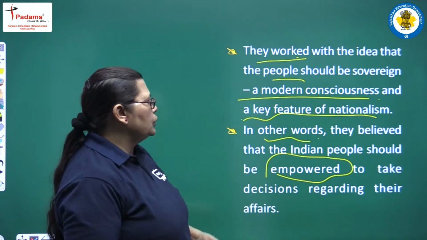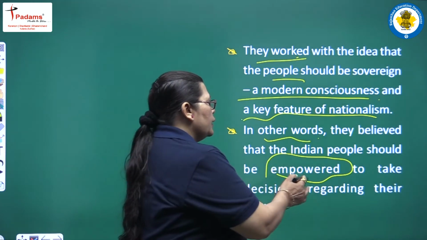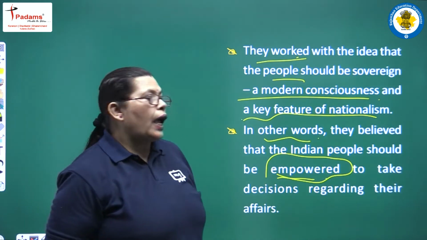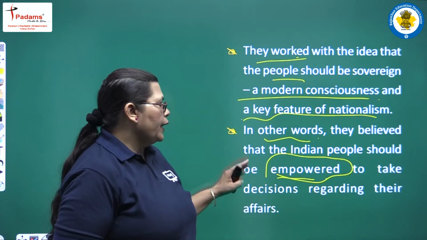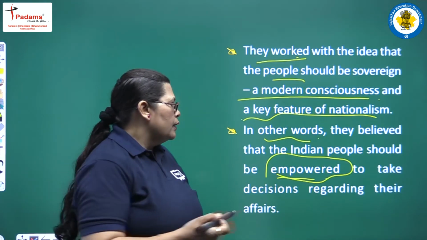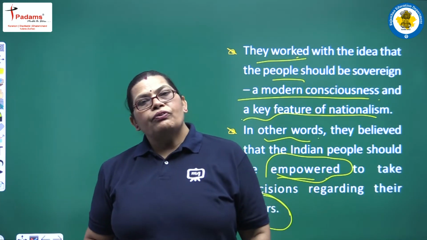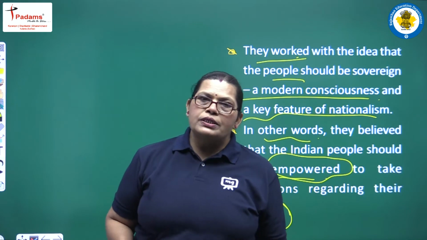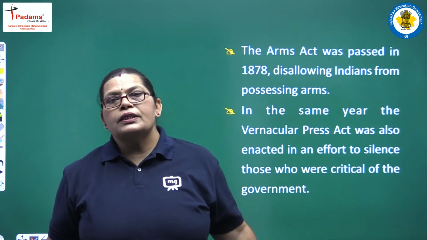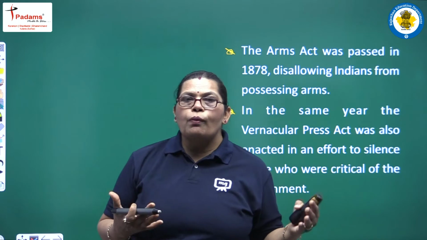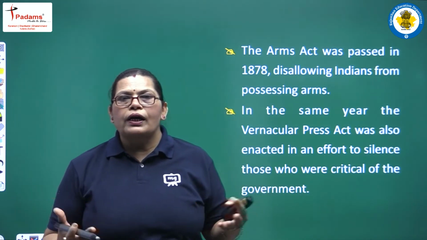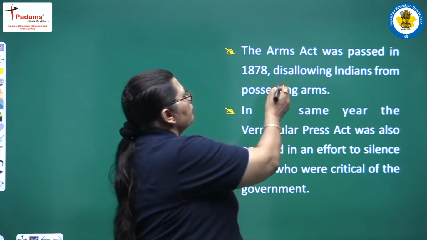So these associations were formed, and Indian people should be empowered to take decisions regarding their own affairs, not the outsiders. So these associations were formed one by one and worked at that time.